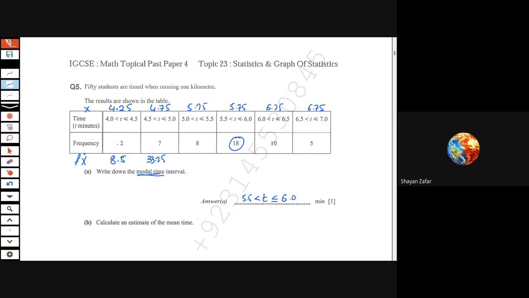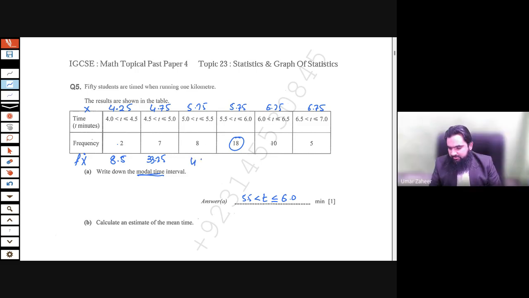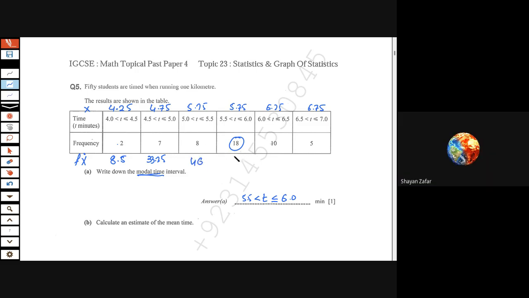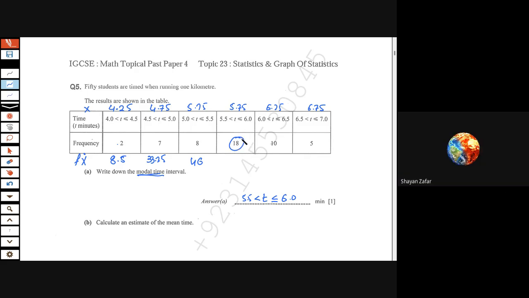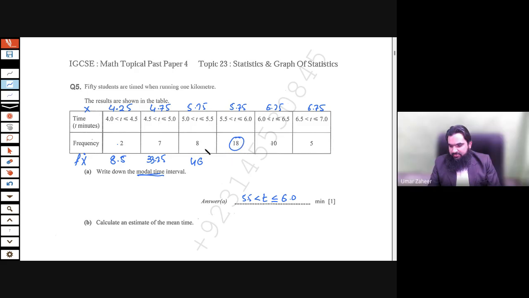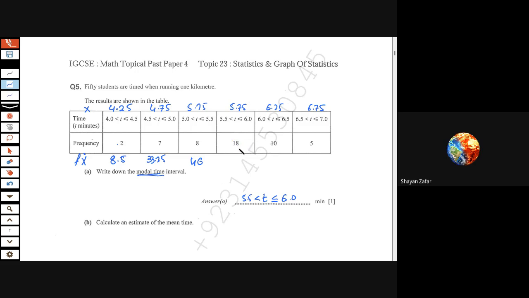8 multiplied by 5.75, it will be 46. Then 18 times 5.75, it will be 103.5.